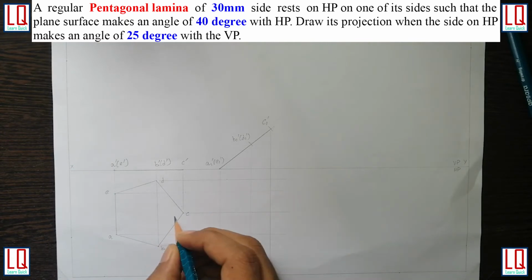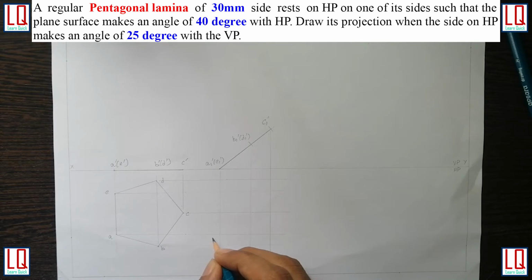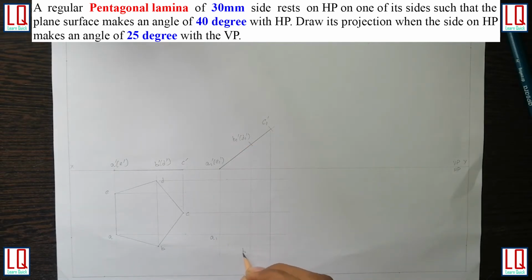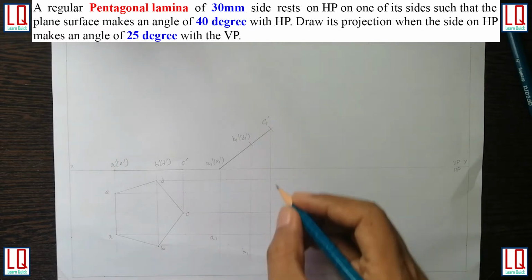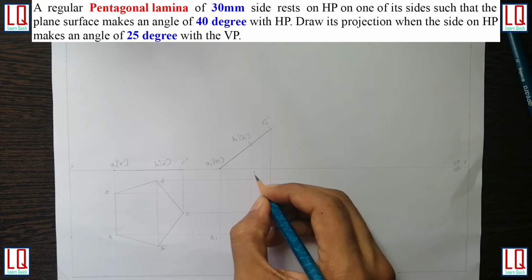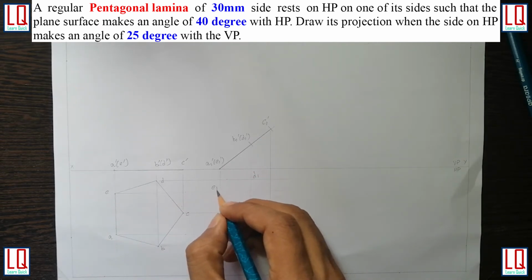Now mark the meeting points. A and A1 dash meet here, this is A1. B and B1 dash meet here, B1. C1 dash meets here, C1. D and D1 dash meet here, D1. E and E1 dash meet here, E1.